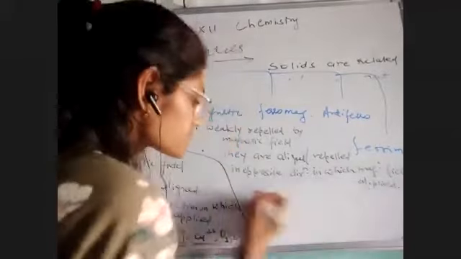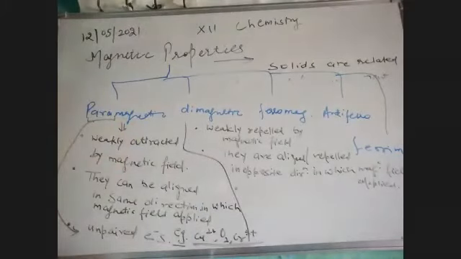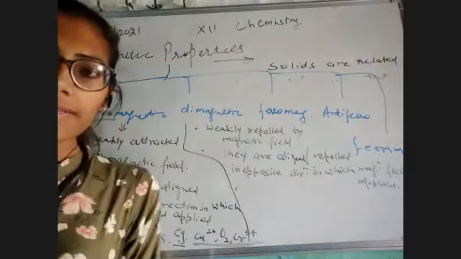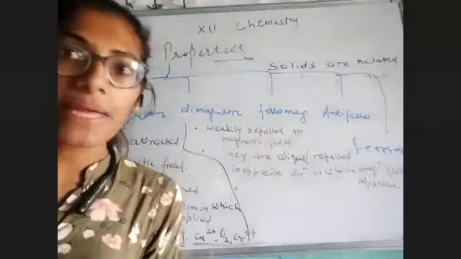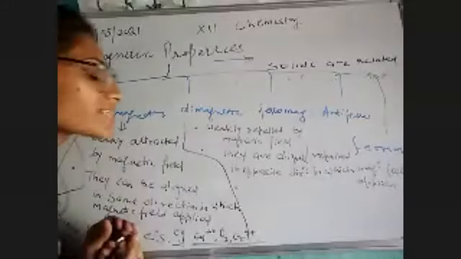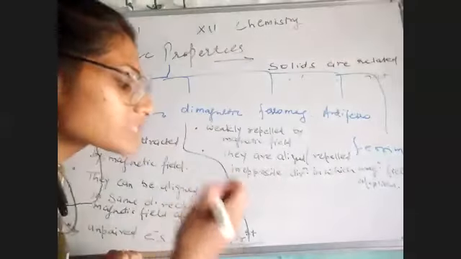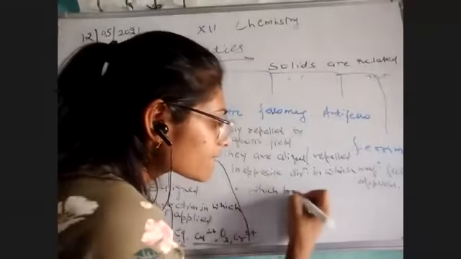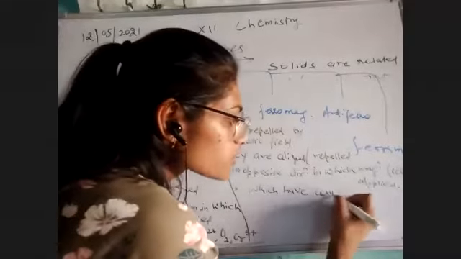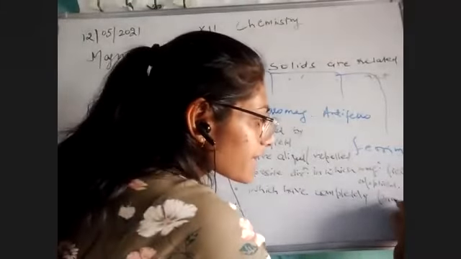Okay, the next point is, I have told you that if there are unpaired electrons, only then there is the characteristic of magnetic nature, that is paramagnetism. But if I'm talking about diamagnetic substances, they are those which have completely paired electrons.